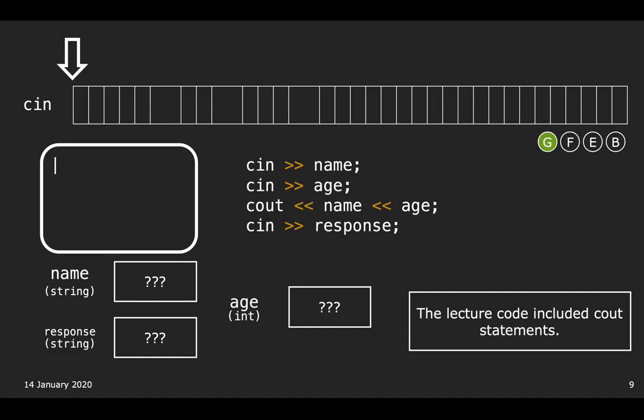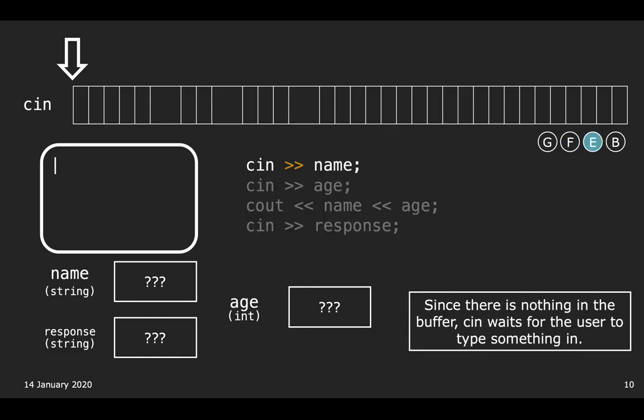Okay? So when you ask for cin arrow name, there's nothing in the cin buffer, which is why when you tried running it on your program, the program kind of froze and waited for you to type in something. Right? Did everyone experience that? The program freezes, and then you can type in something on your keyboard, right?